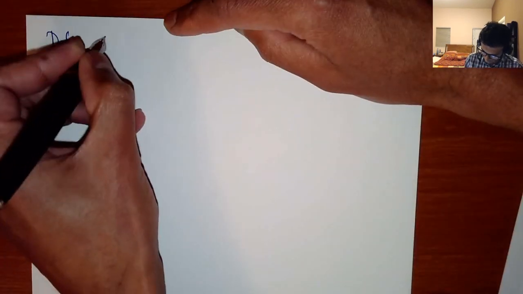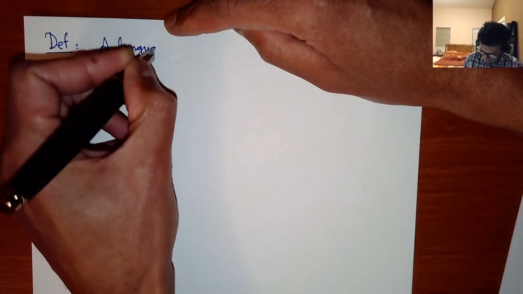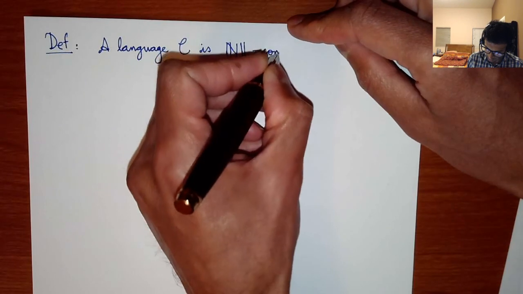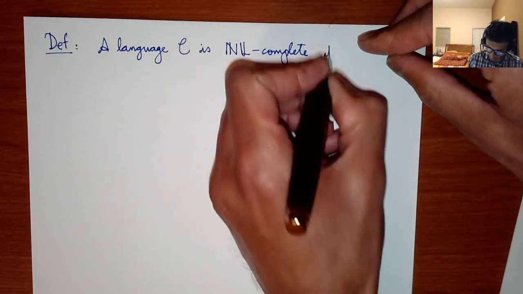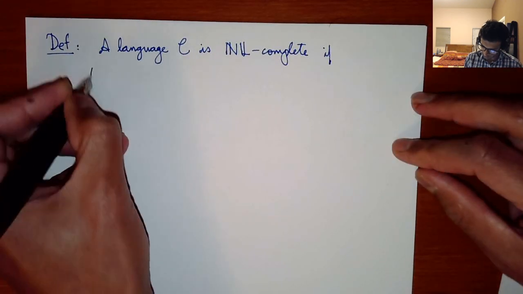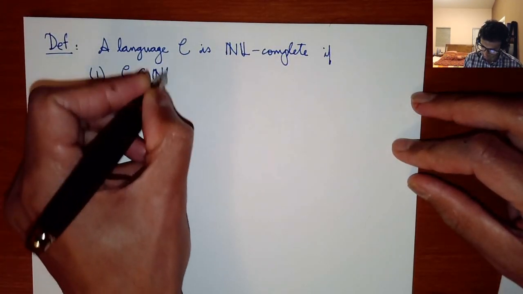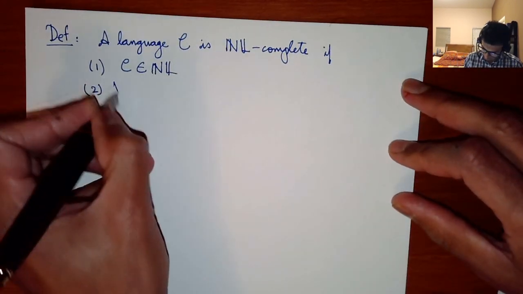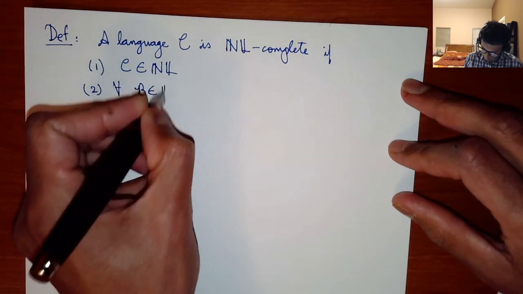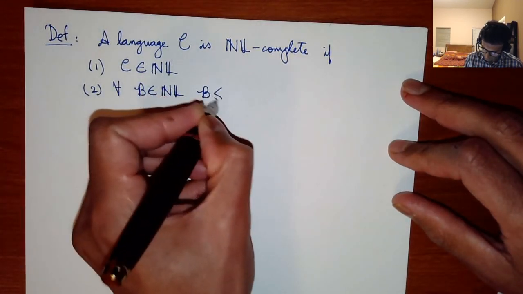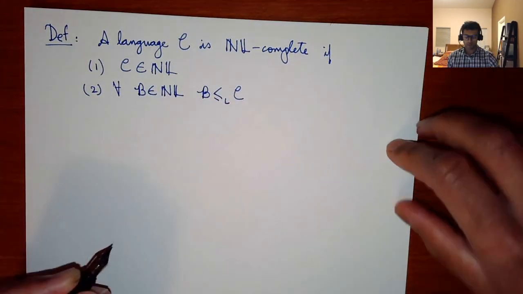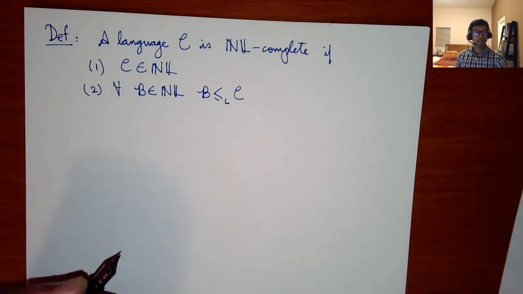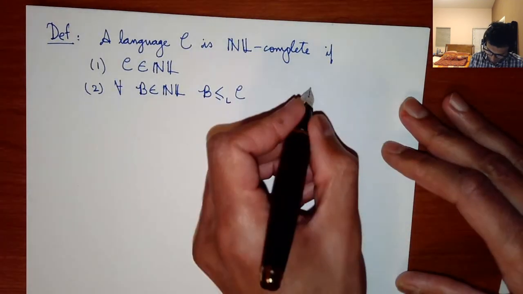I'll say a language C is, I'm sorry, not log space complete, but NL complete, if, and now we just follow our basic template, C is in NL, and for all languages B in NL, B has a log space reduction to C. So NL complete languages are like the hardest languages in NL.